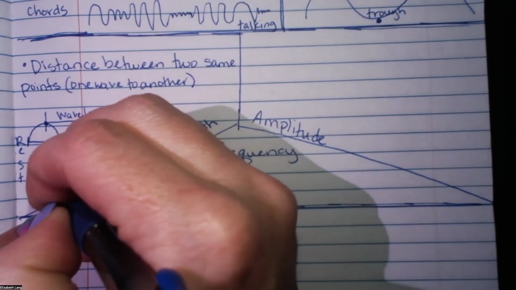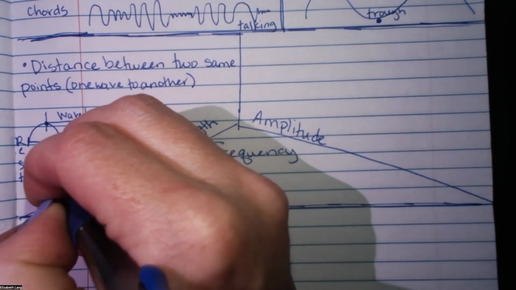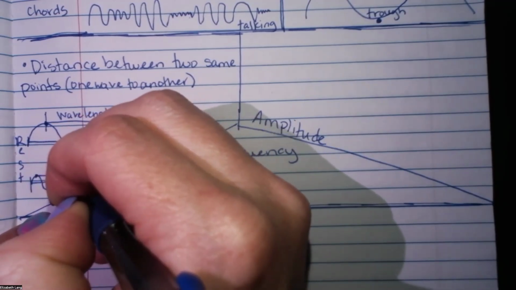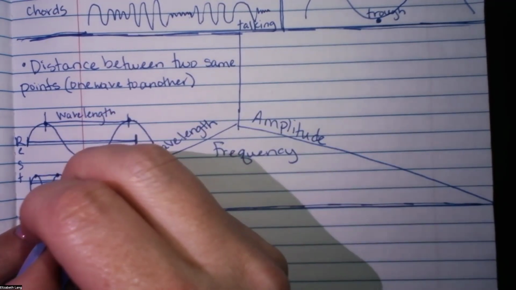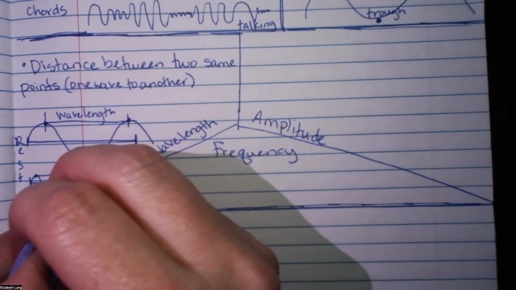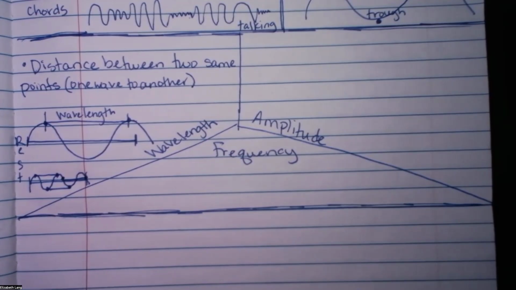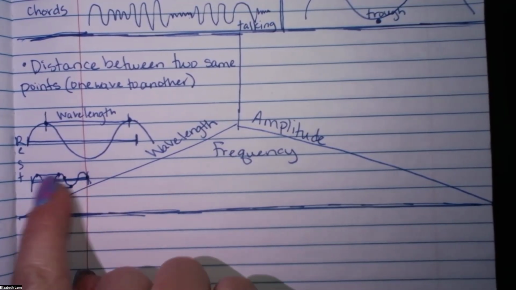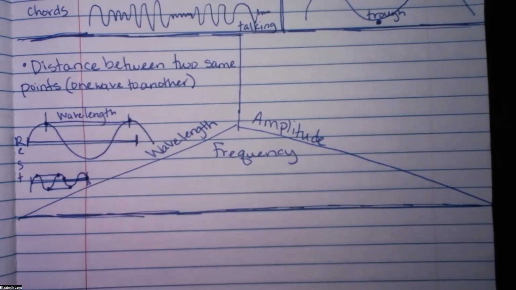Or you could do, let's do it here. Down and then down right here. This, going down, going down. This is a wavelength. Two corresponding points, the same point, same location on two different waves.